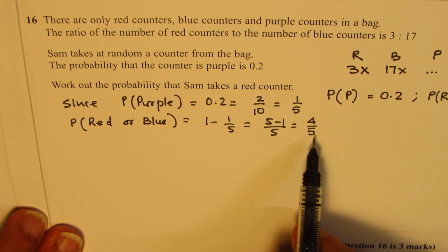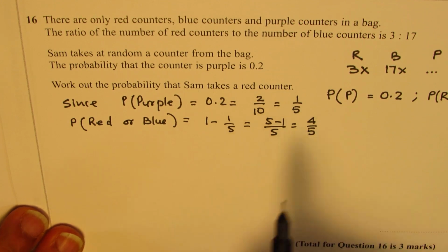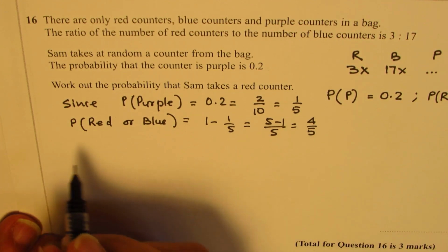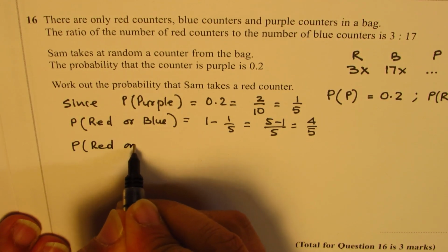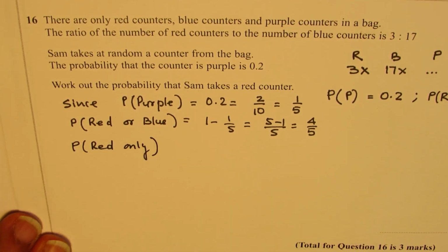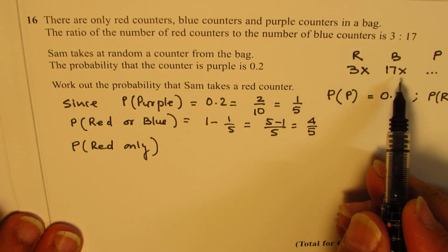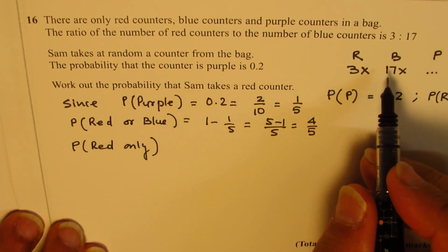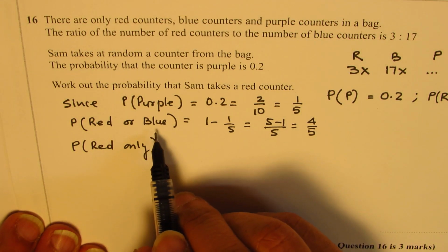Now, we want to know what is the probability of picking up red. Now, if we know that the probability of red or blue is 4/5, the probability of red only will be what? It is 3/17, or rather 3/20 of red or blue, correct?